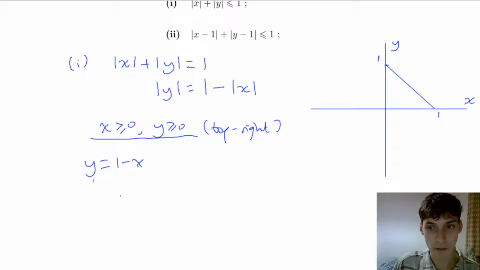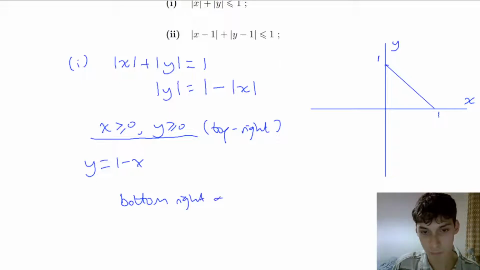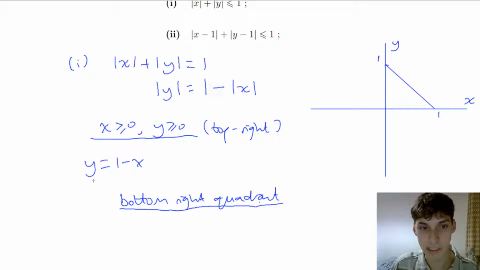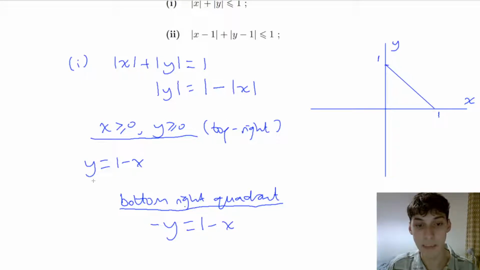So let's now do the bottom right quadrant. And here we have y is negative and x is positive. So we have minus y is equal to 1 minus x, setting x to be positive, y to be negative, which if we negate the whole thing, we get y is equal to x minus 1.